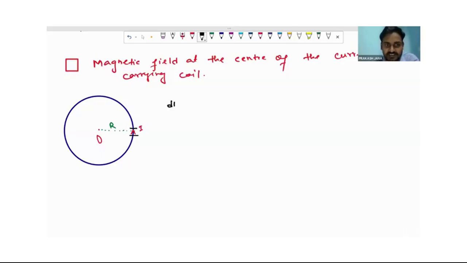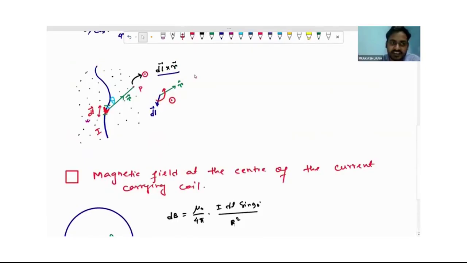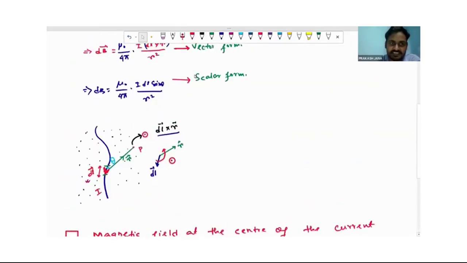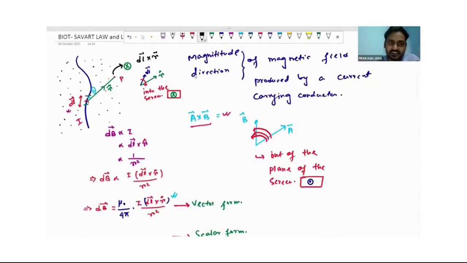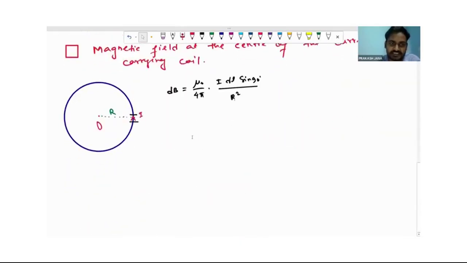So due to this segment, the magnetic field at the center dB, I am not going into the direction, dB is equal to mu naught by 4 pi I dl sine 90 degree by r square. Why 90 degree? What is theta? As I told, theta is nothing but the angle between dl and r. Theta is the angle between dl and r, isn't it?